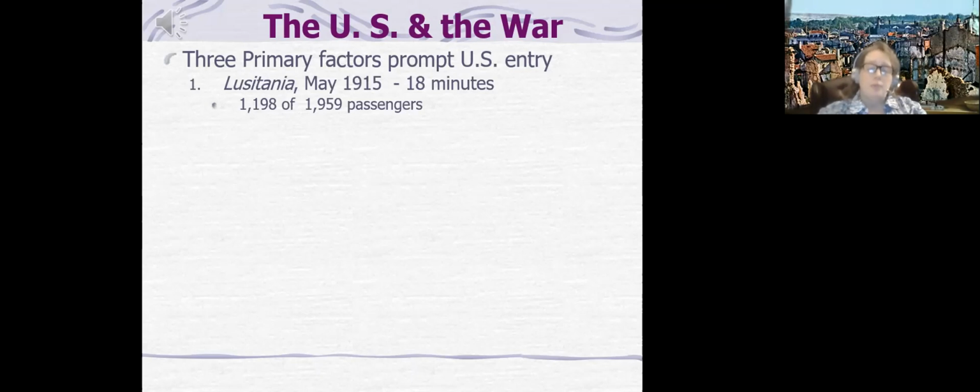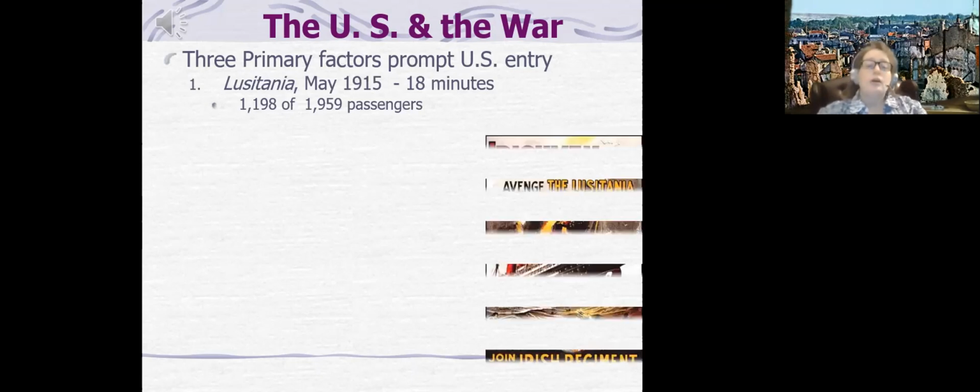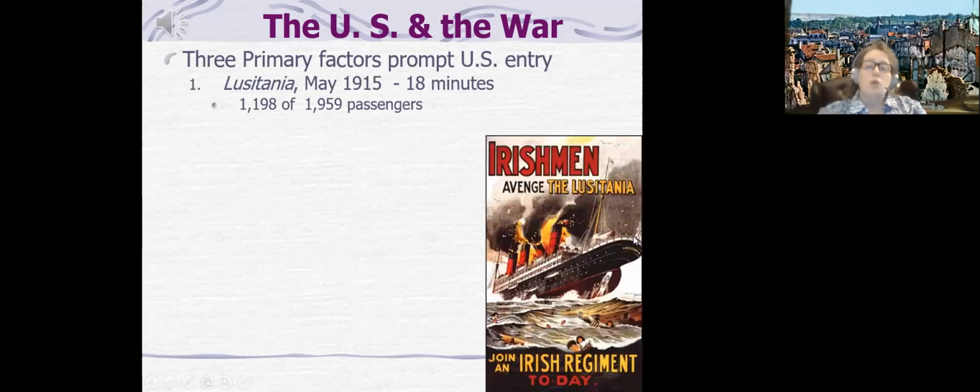Many of them Americans, some not, some Irish, some British. It was carrying war material, but it was a nasty piece of business, and does not go over well with the Americans. Of we're neutral, you did this within sight. This is a ship coming into New York Harbor. How dare you do this?